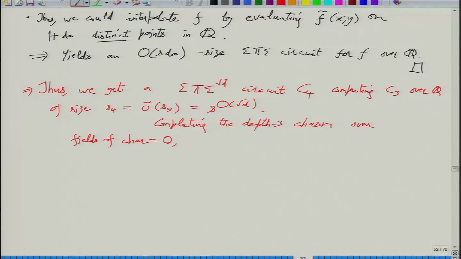Yeah, so the monomials that appear in your depth 4 representation, those monomials should have degree less than the characteristic. So to put it simply, we can just say greater than D. Then it will certainly work. So the depth 3 chasm is there as long as the characteristic is either 0 or more than the degree of the polynomial you intend to compute.